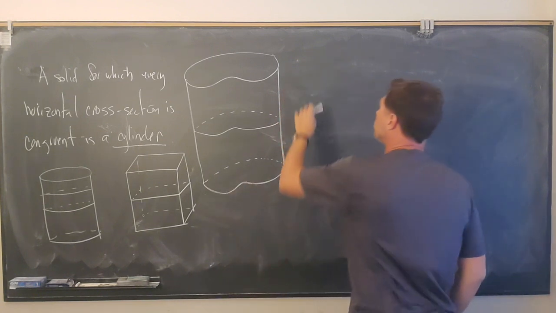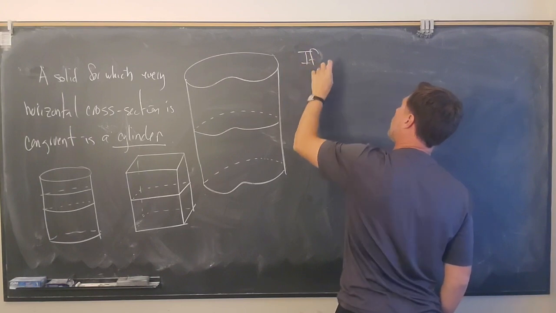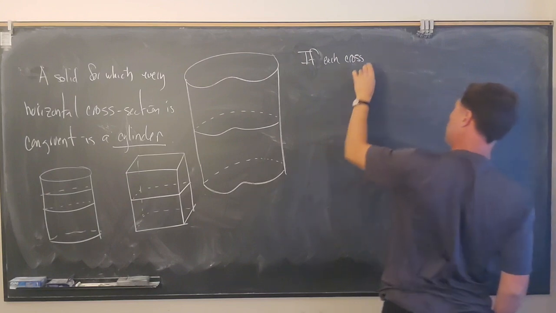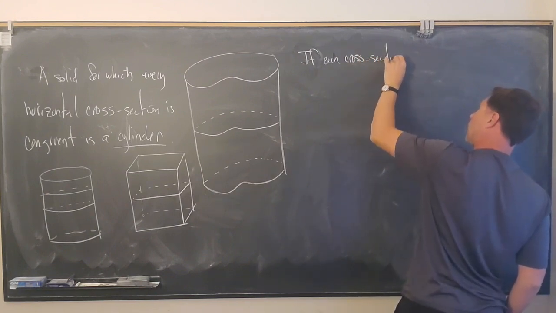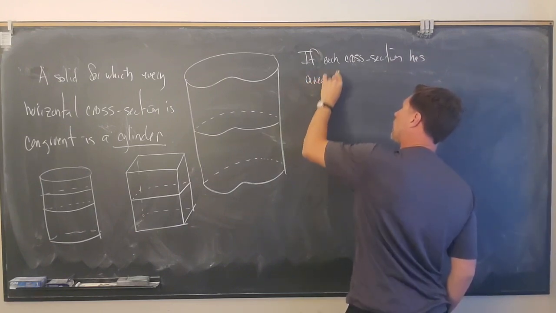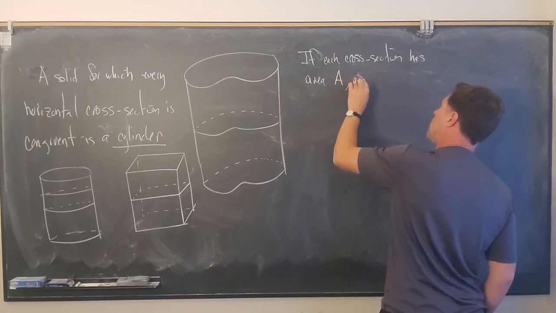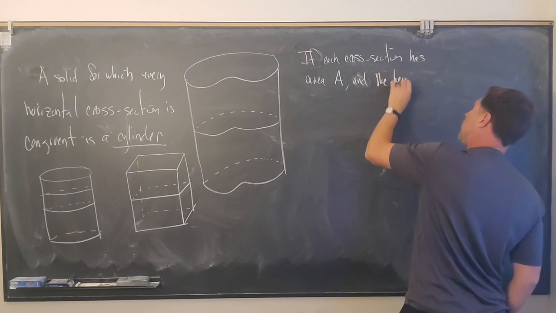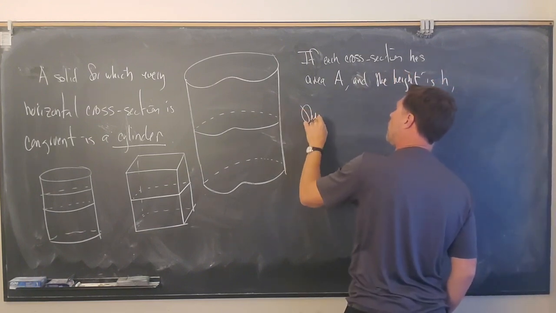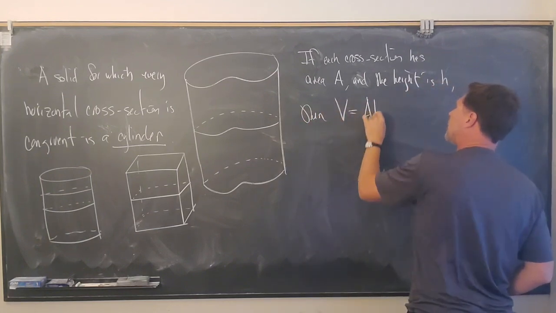Now, the volume. Let's say it like this: if each cross-section has area capital A and the height is little h, then the volume is A times h, right?